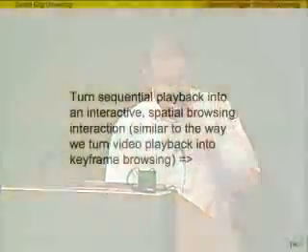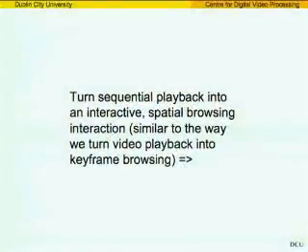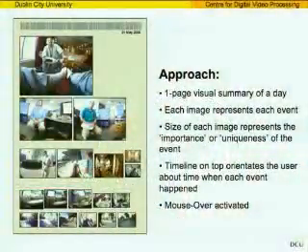And the sense of time tends to be skewed, especially if we start to do the time warping as we generate these variable width summaries, so that requires a lot of cognitive effort on the part of the viewer to watch this movie. Well, we're looking at turning the sequential playback into an interactive spatial browsing interaction, in the same way that when we view video we view keyframes for that video.